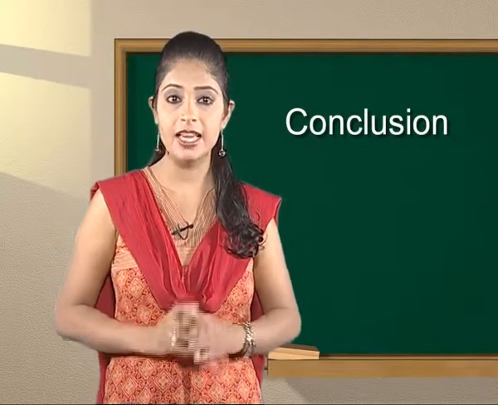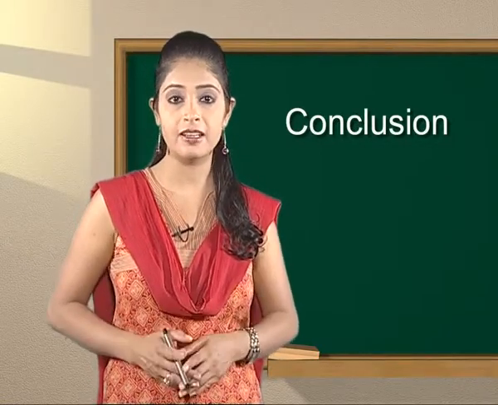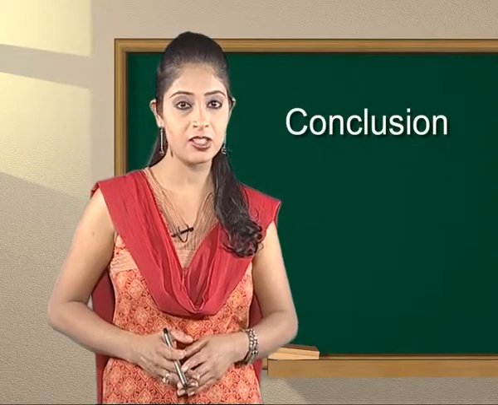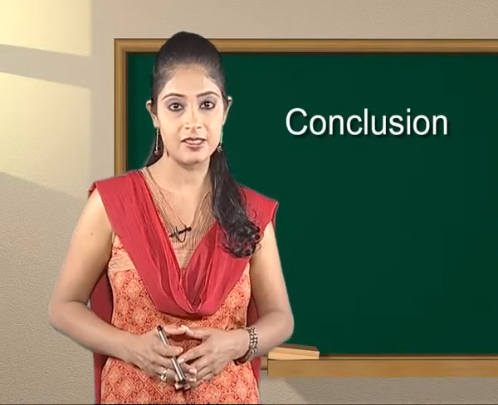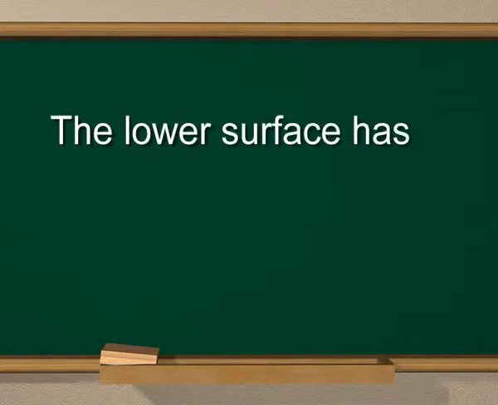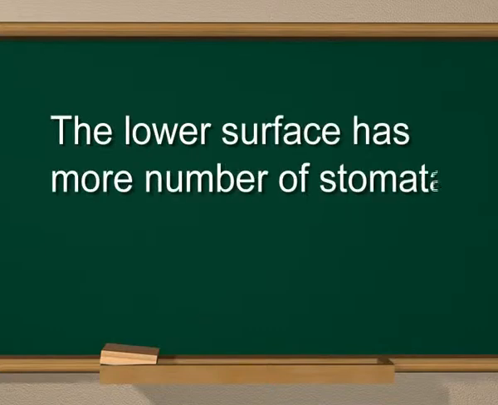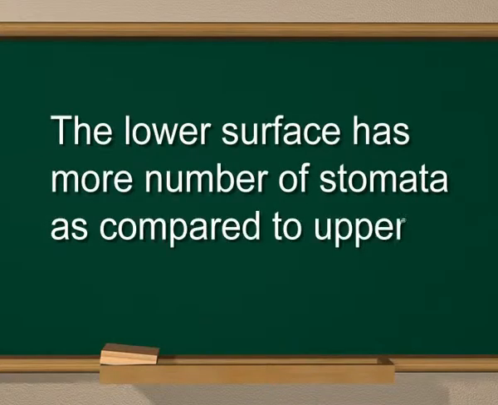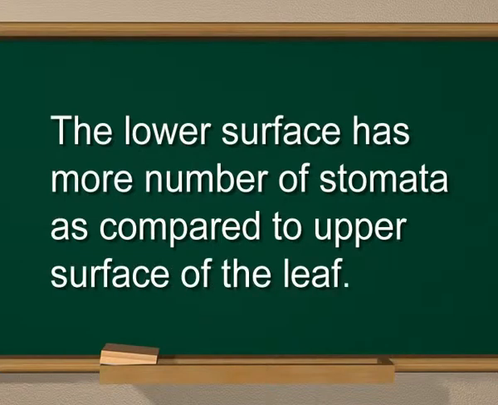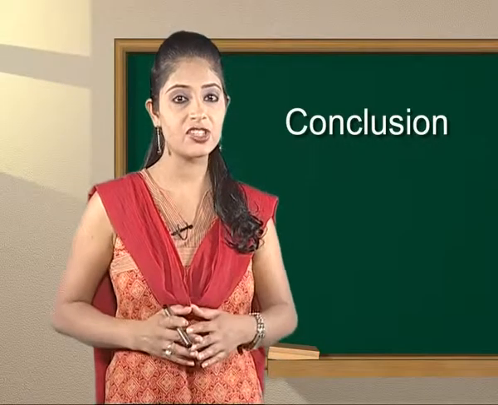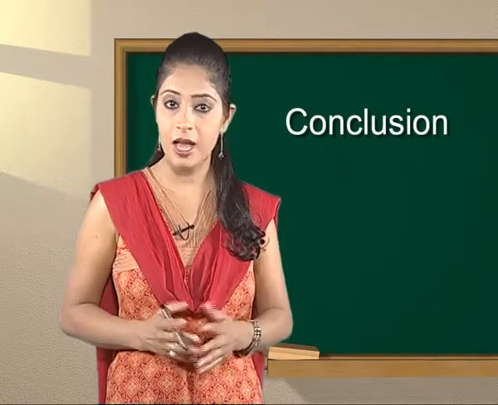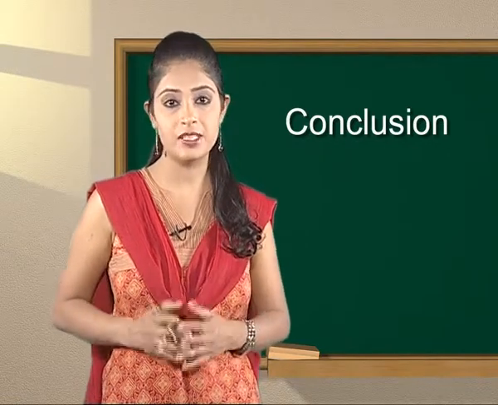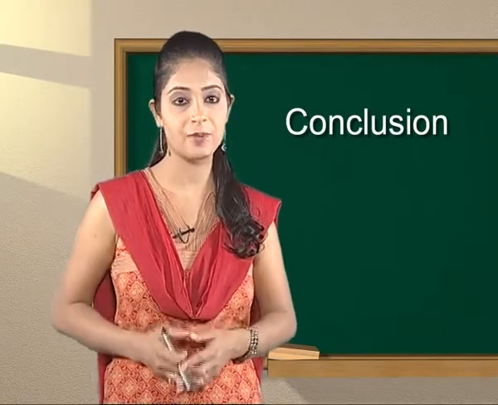This difference in the rate of transpiration is due to the difference in number of stomata present on both the surfaces. The lower surface has more number of stomata as compared to upper surface of the leaf. This variation in number of stomata makes the observable difference in the rate of transpiration.